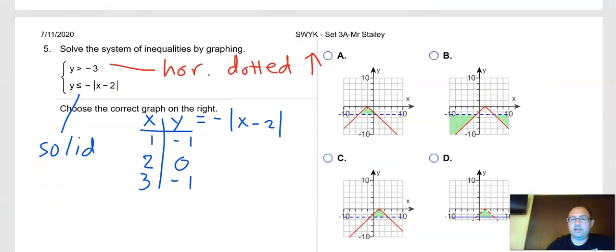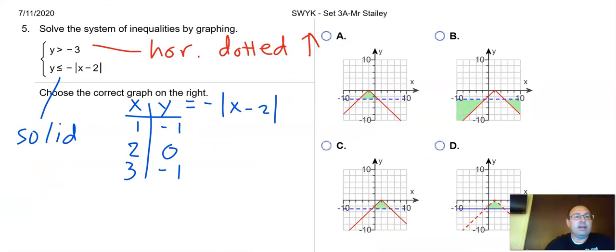Let's go back and see if I can finish this one out. So it does have to move to the right. We don't have to deal with that one or that one, so we're really looking at B and C. Which one is solid shading down?